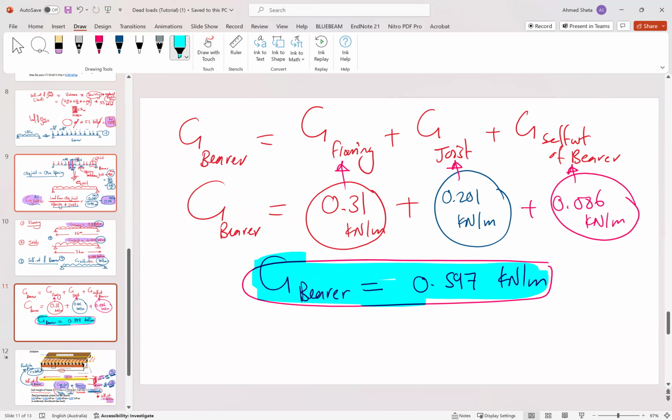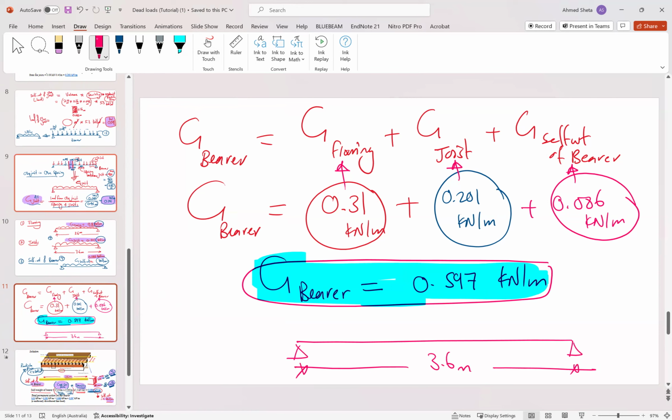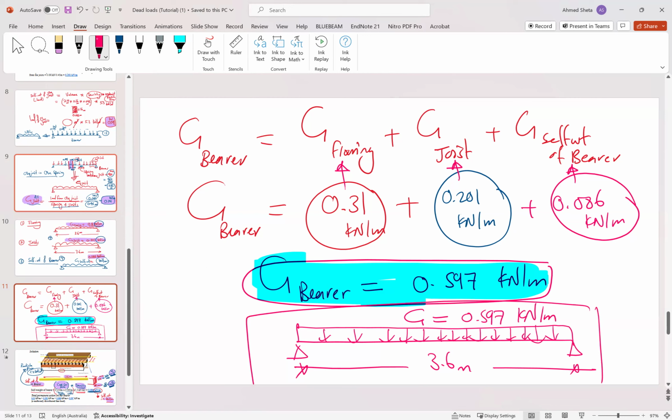And if we want to interpret that on the beam, so this is our beam, 3.6 meter. And this is the final dead load value, which is G equal to 0.597 kilonewton per meter. And this is what we are required to calculate in this example.